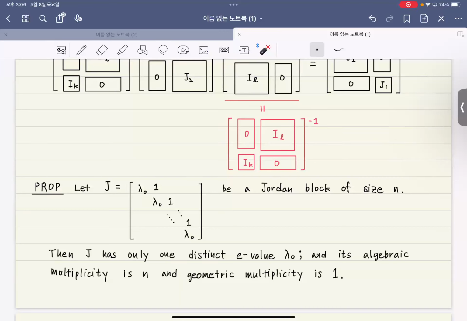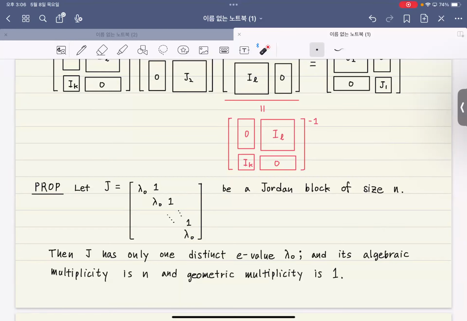Now I have a single Jordan block. This is a Jordan block of size n with eigenvalue lambda 0, and it has only one distinct eigenvalue lambda 0, right? This is very easy to see: just consider the characteristic polynomial of the Jordan block J. It has only one root, lambda 0.